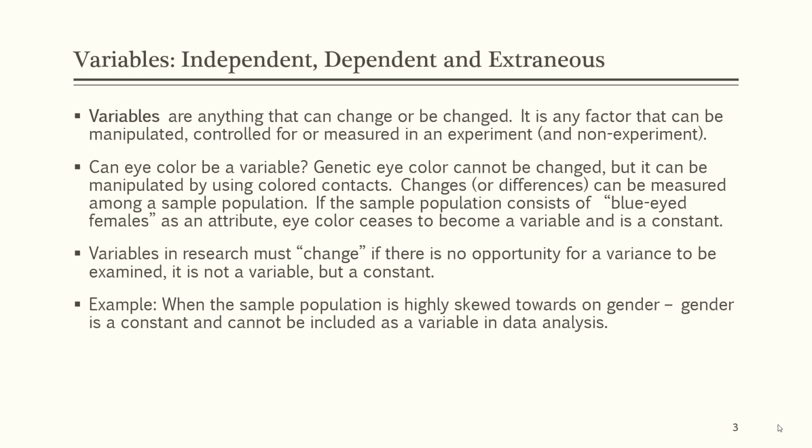If for any reason you don't set out to do this, but then you find out that your sample population is skewed towards, say, gender, then it'll become a constant. This actually happened in my dissertation many, many years ago, which was on stress that family caregivers experience after placing a loved one in a nursing home.